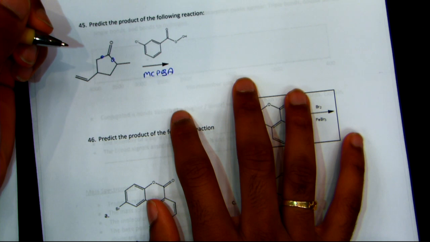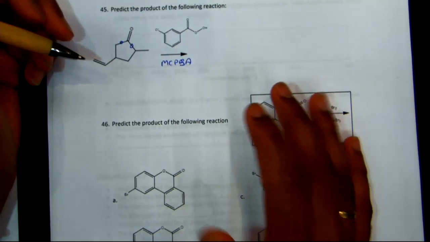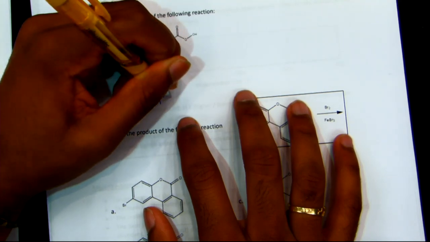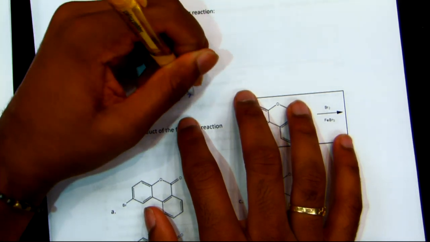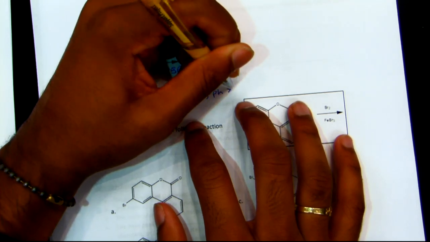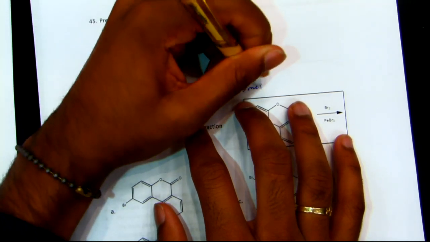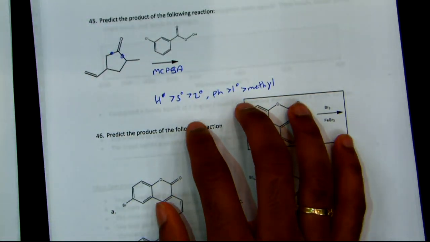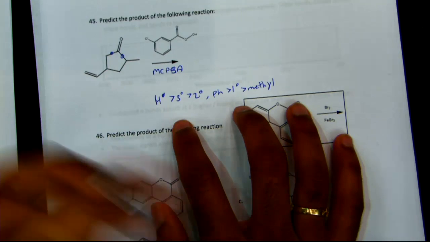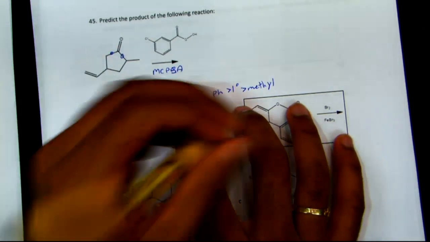You guys remember that? And then makes it into an ester. But to pick which one, the reactivity goes in this order. Hydrogen, then phenyl, then methyl, right? So that's my reactivity. So it's going to get placed on this side, okay?